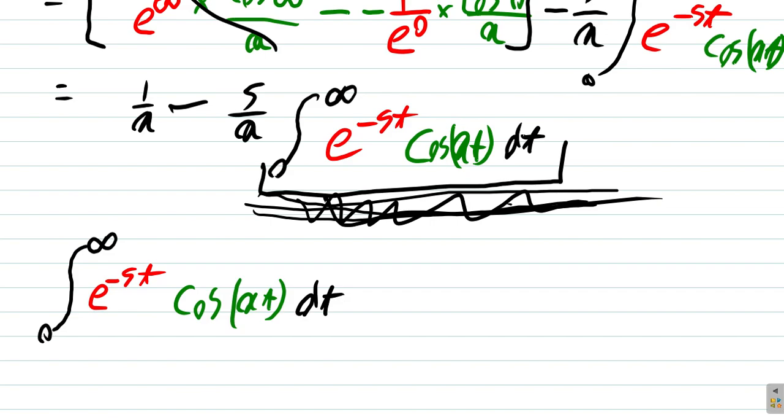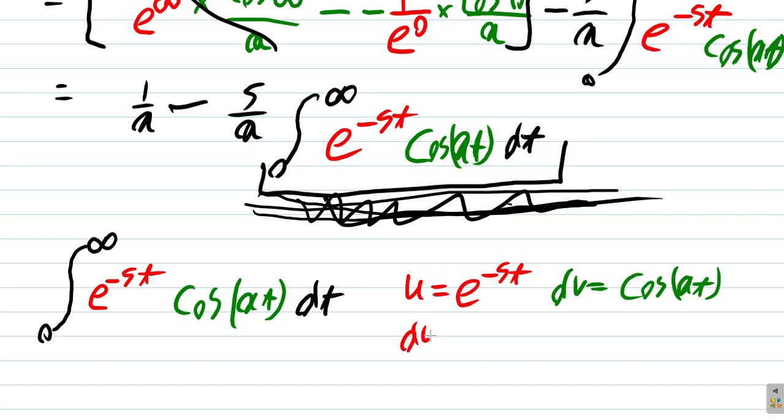We're going to use integration by parts. So let u be equal to e to the negative st and dv be equal to cos at. It's a repeat of what we did earlier.